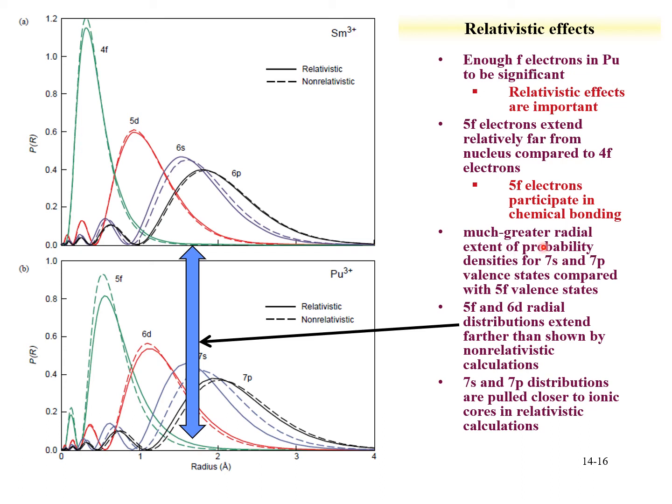So these relativistic effects allow 5F electrons to participate in chemical bonding because they're relatively far from the nucleus compared to the 4Fs. And if we look at the 4Fs here, by this point, let's say 1.5 angstroms, there is very little probability of finding them, whereas we have a much larger probability of finding the 5Fs.